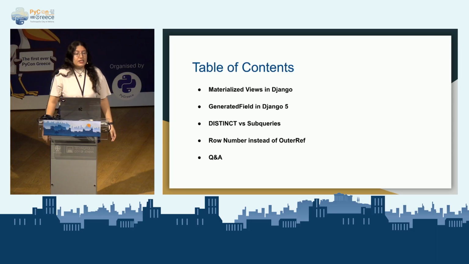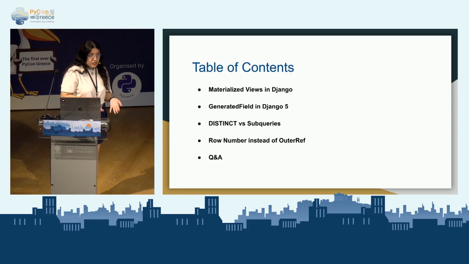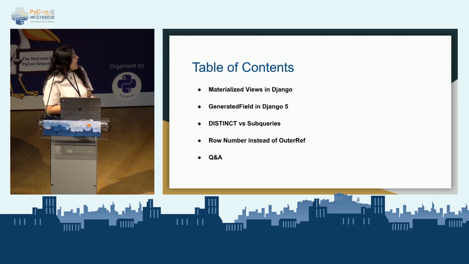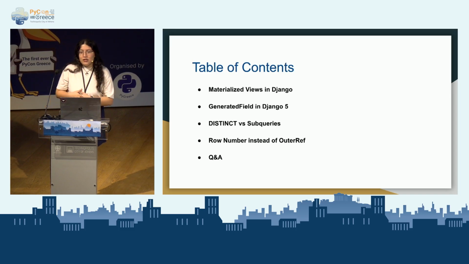We start with materialized views in Django. Then we look at generated fields, introduced in Django version 5. After that, we compare distinct and subqueries. Finally, we look at the round number instead of author ref. Each talk will be 20-25 minutes, and I also have a 5 minute Q&A section.